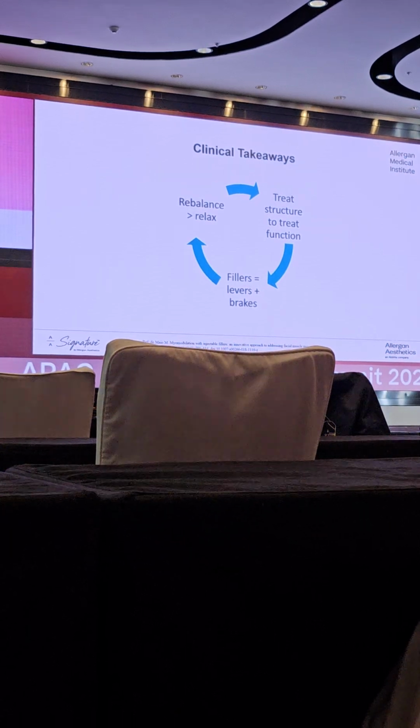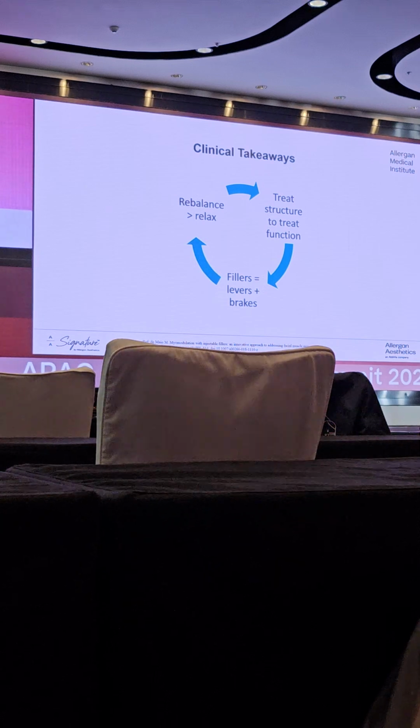So you need to target the elevators also at the same time. So rebalancing is more important than simple relaxing, and we need to treat the structure to improve the function by providing adequate support. By improving the bony structure, we can actually improve the function of the muscle.